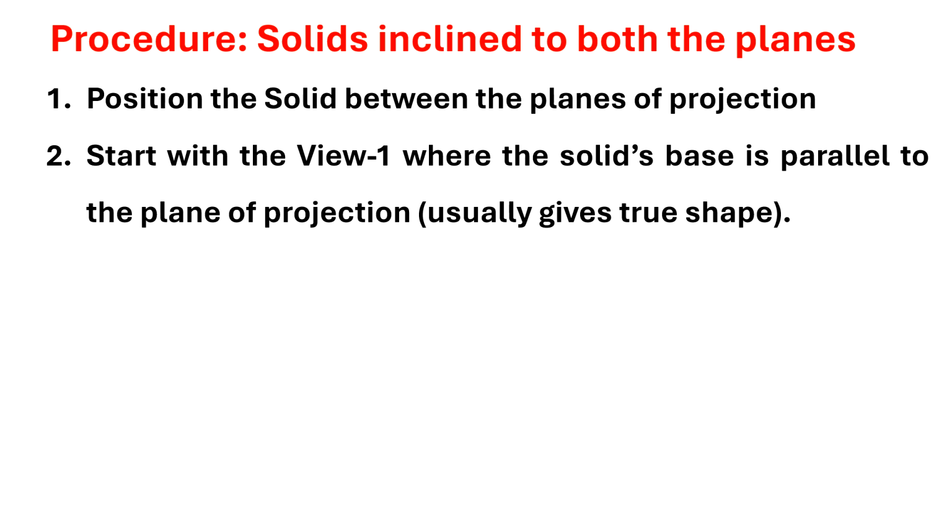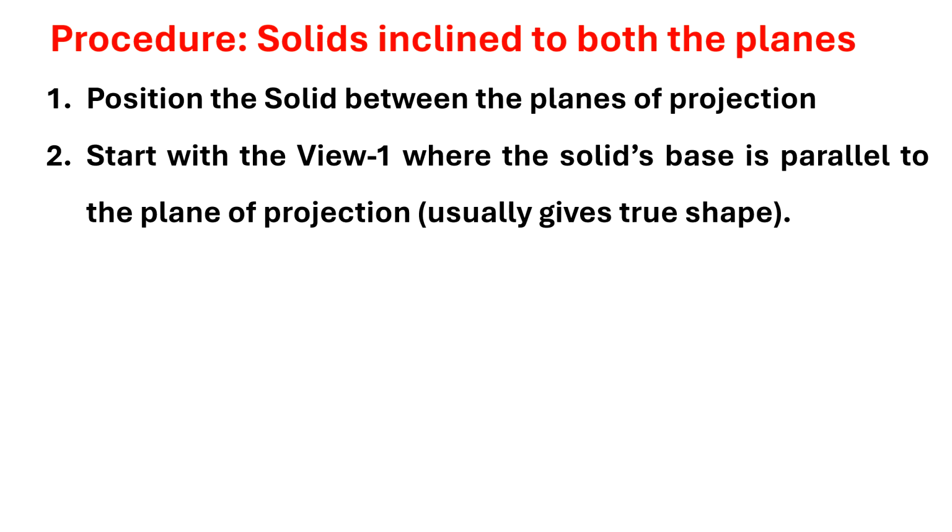When the edge or base is not resting on any plane, we can take a convenient plane to which the base is parallel. Sometimes making the base parallel to the horizontal plane is convenient to draw the projections, and other times the vertical plane is more convenient. In that case, we can take any one plane.